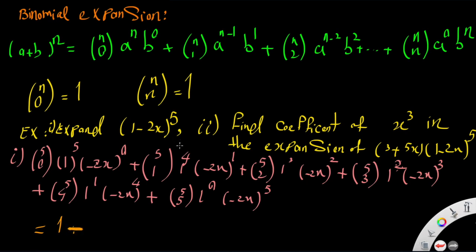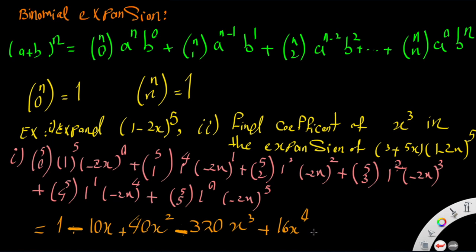So combination of 1 and 5 will be 5, so times 2 it will be negative 10x, plus combination of 5 and 2, it would be 5 times 4 divided by 2, which is 10, times 4 will be 40x squared, plus combination of 5 and 3, which is 10, times negative 2 to the power of 3, which is negative 8, which is negative 80x cubed, plus here it would be 16, combination of 5 and 4 will be 5, so plus 80x to the power of 4, and minus here it would be 32x to the power of 5.